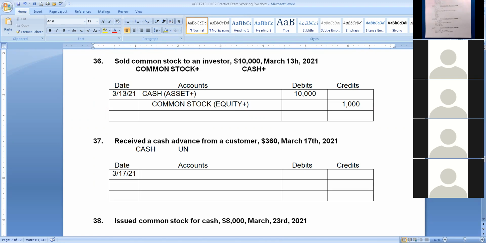And that's why we have it as an unearned revenue. It is a liability. Okay, cash going up or down? Up. Yep. And unearned revenue? Up. Yep. So what's the journal entry going to be?